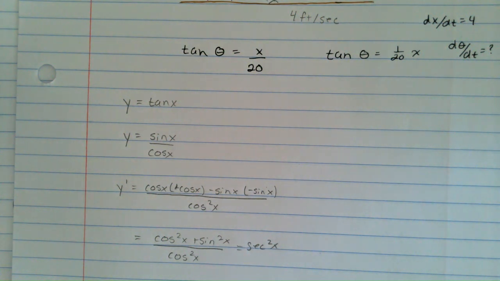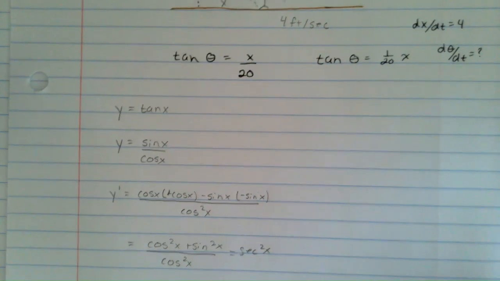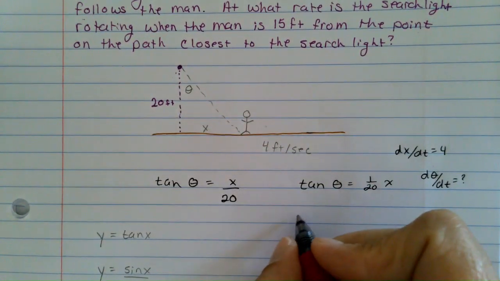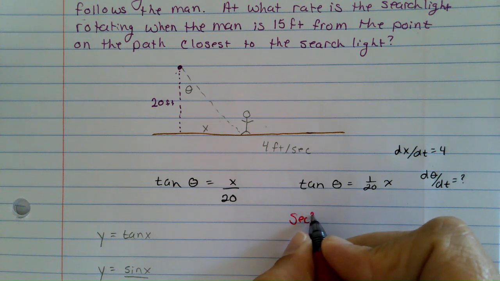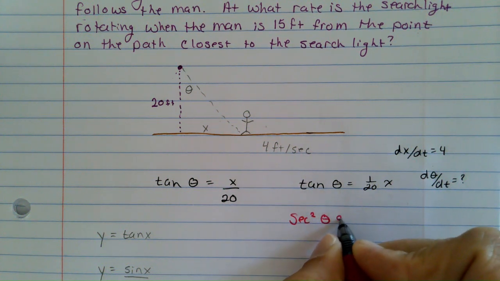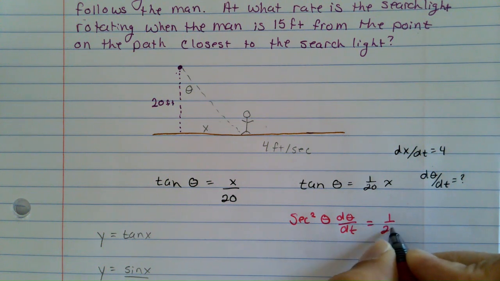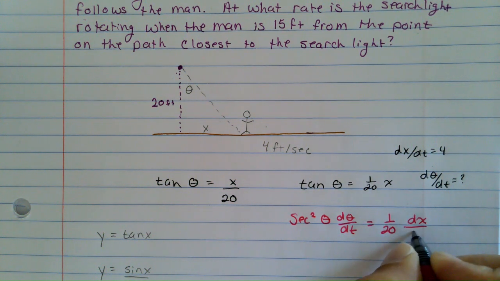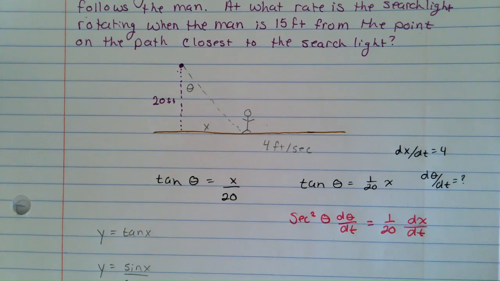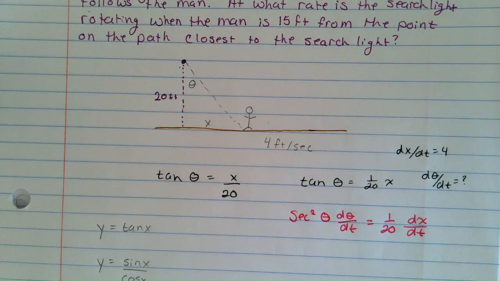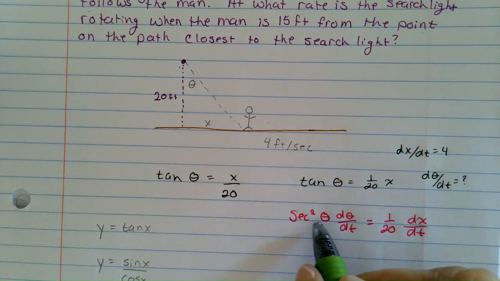Okay, so now that we have that refreshed, we can come in here and go, all right, secant squared theta d theta dt equals 1/20th dx dt. All right, they tell us dx dt is 4. We want to know this, but we don't know theta.